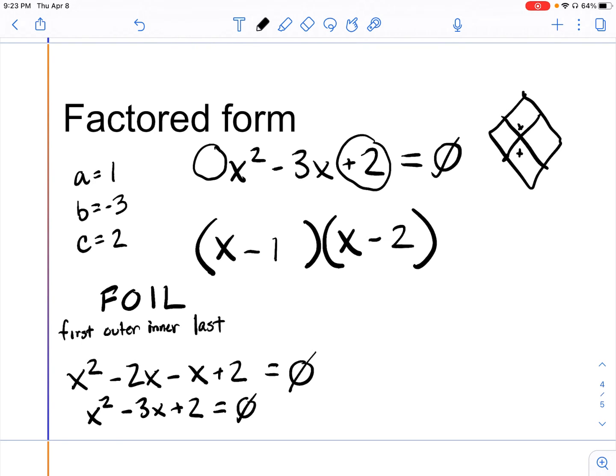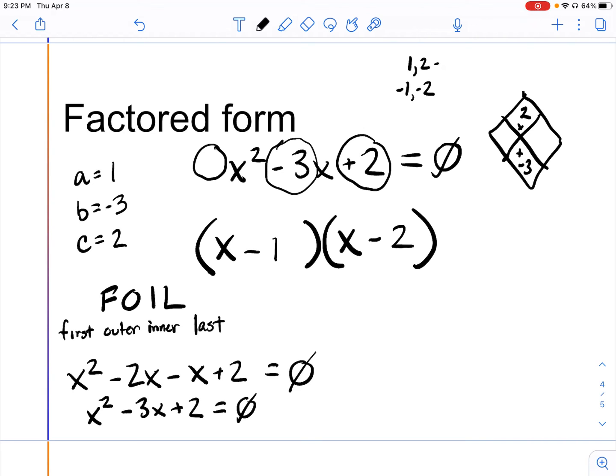So 1 times positive 2 is 2. But then I need those numbers to add up to negative 3. So here's what we have to think about with factors. What are factors of 2 that when added together will equal negative 3?